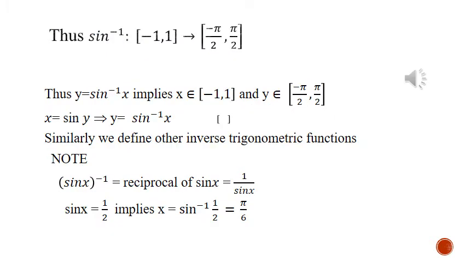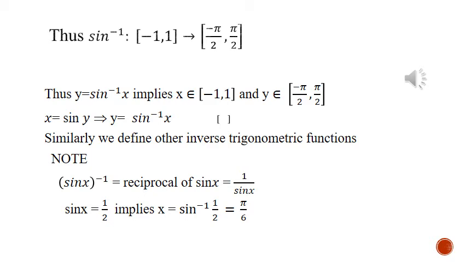So sine inverse is the function from minus 1, 1 to closed interval minus pi by 2 to pi by 2. Here domain is minus 1, 1, range is minus pi by 2 to pi by 2, closed interval, means both inclusive.